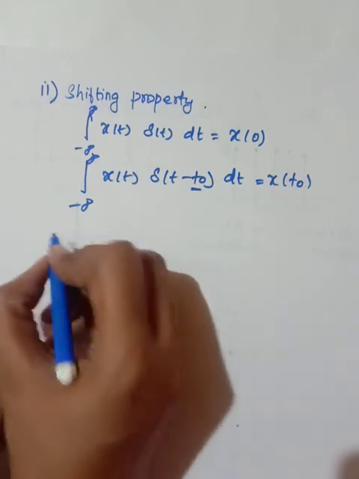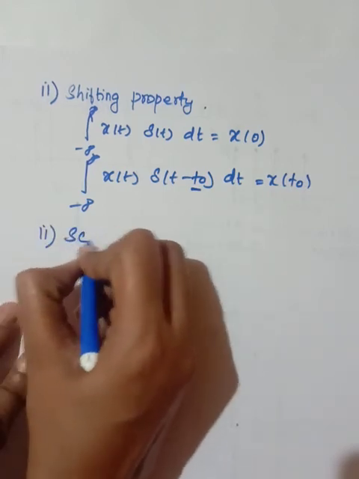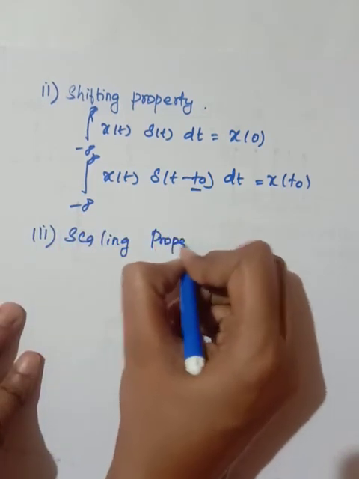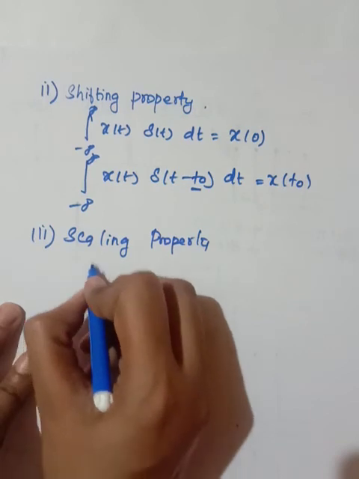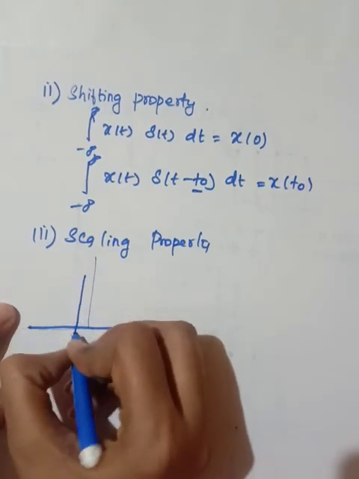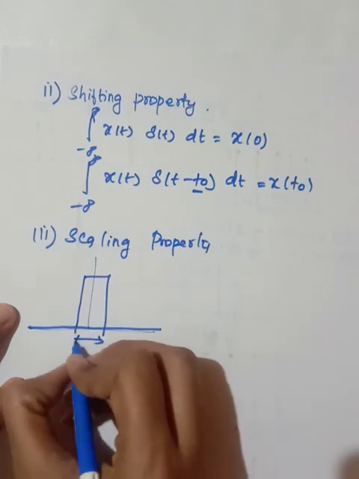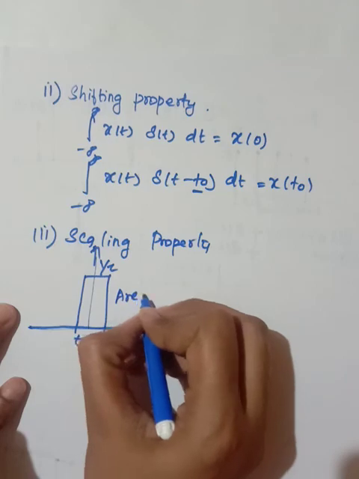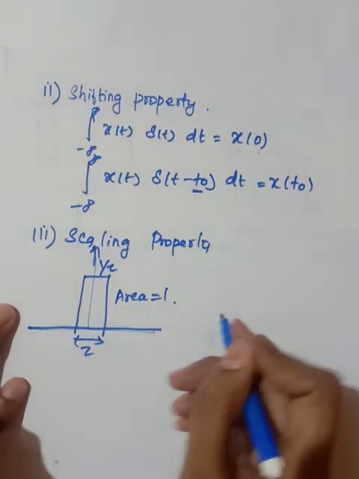Another property is the scaling property. The third property is the scaling property. We have discussed that the area under the unit impulse should be 1, right? So if this width is tau and this height is 1 by tau, the area under the unit impulse should be 1.